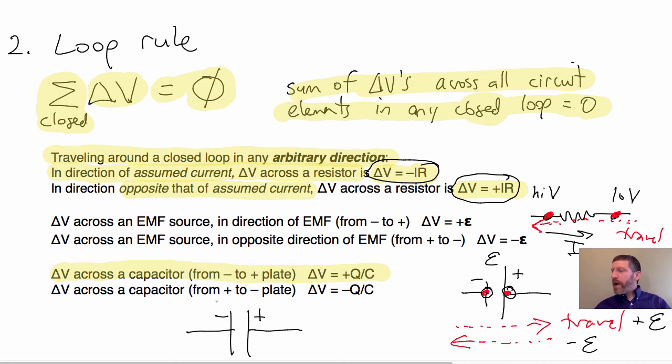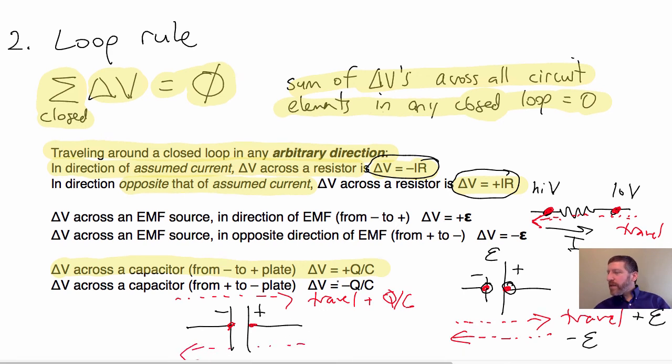If we're traveling this way, that's our direction of travel, then it'll be going to a higher potential, bottom of hill to top of hill, so we're going plus Q over C. And remember that the delta V across a capacitor is Q over C. But if you're traveling this way around your loop, then it'll be negative Q over C. We're going from the top of the hill to the bottom of the hill.